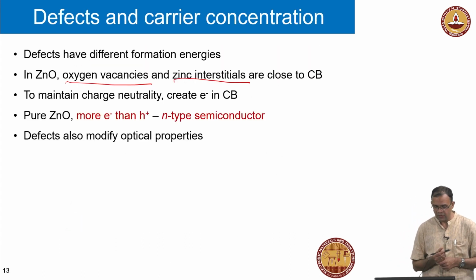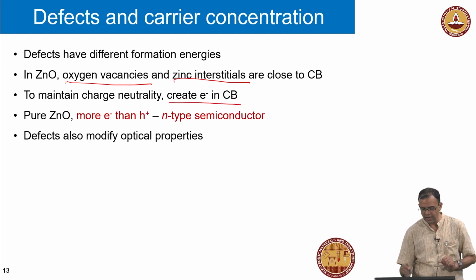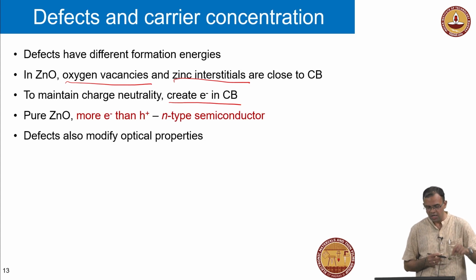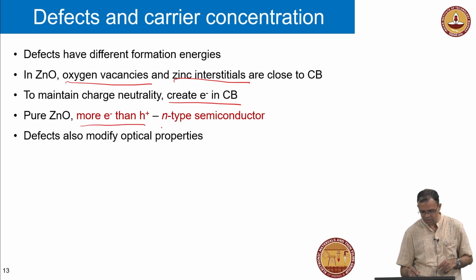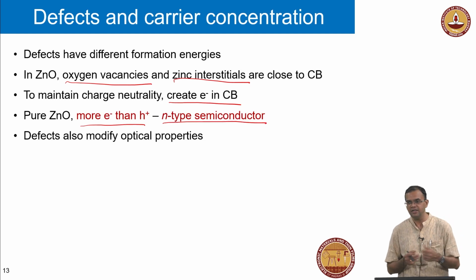So either way, whether I have oxygen vacancies or zinc interstitials, to maintain charge neutrality we have extra electrons in the conduction band. So pure zinc oxide, which is intrinsic, where we are not adding any dopants, has more electrons than holes because of defects, which is why we call zinc oxide an n-type semiconductor.